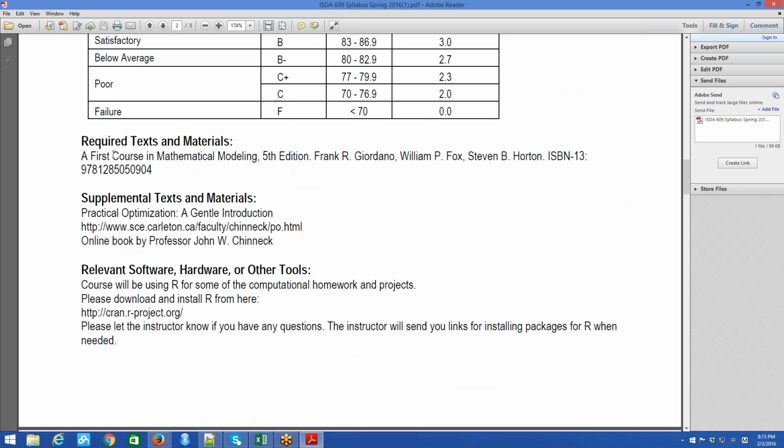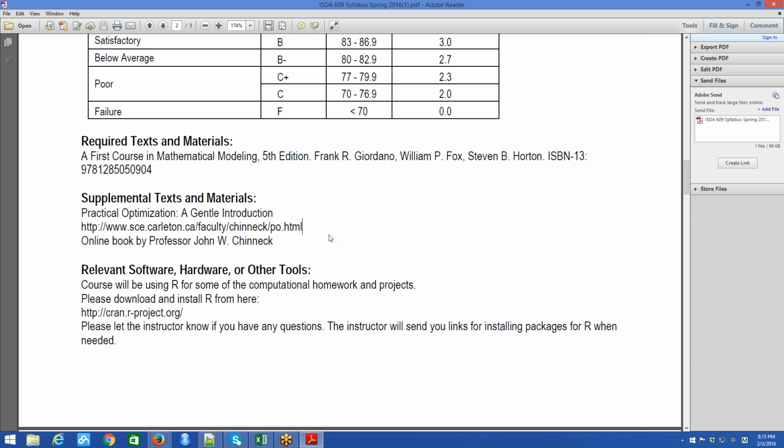As I mentioned in an email that I sent earlier, this is a required textbook, and then we have a supplementary text. Fortunately, this is an online textbook. You really don't need to purchase this textbook. I talked to Professor John Chinek and got approval from him to use this online text, which is nice.